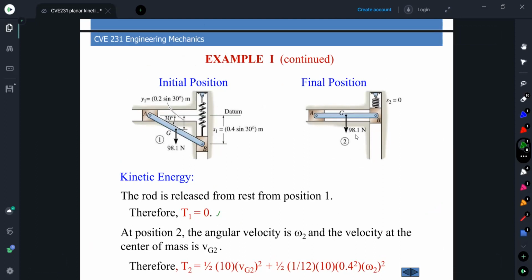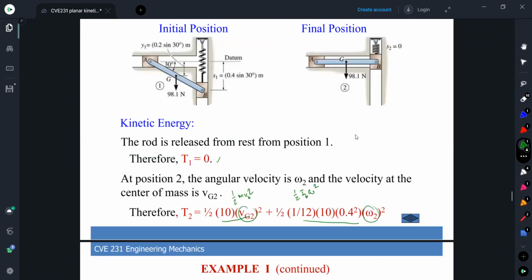For the final position, the kinetic energy is composed of kinetic energy due to translation and rotation, that is one half m vG squared and one half I_G omega squared. For this case, we would like to find vG and omega.